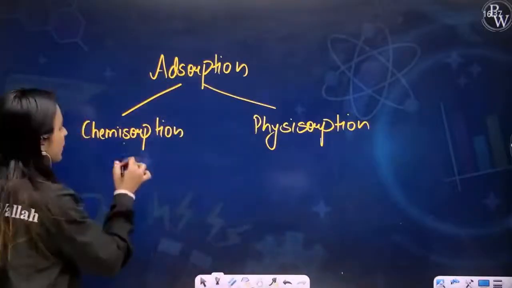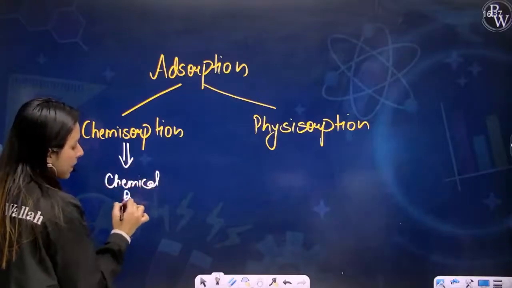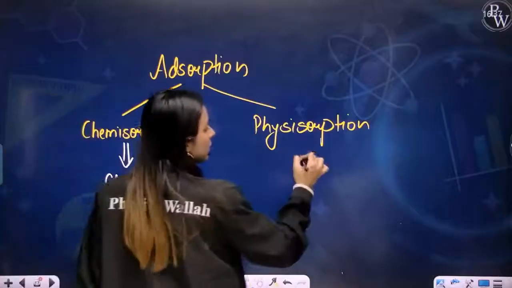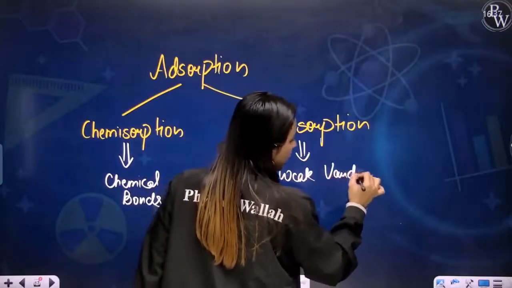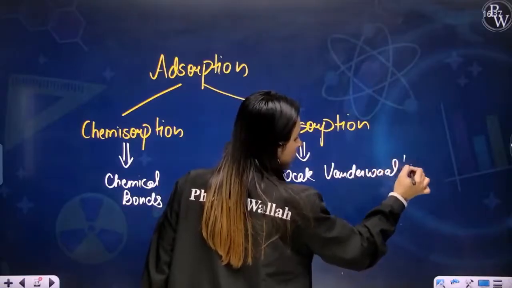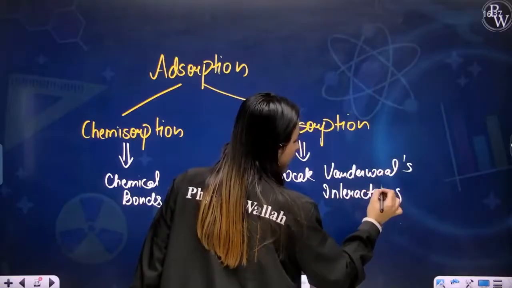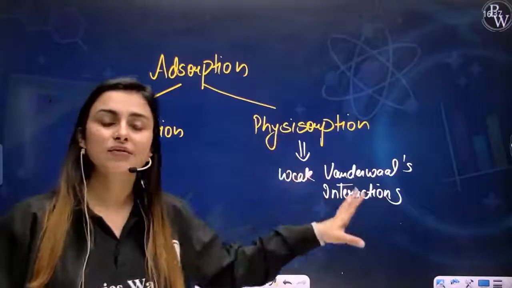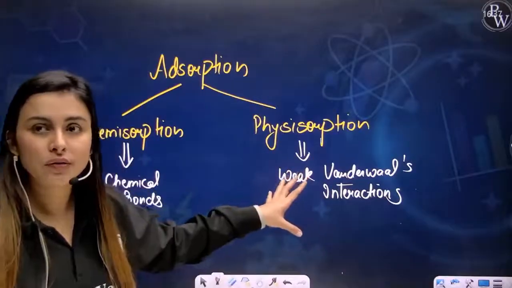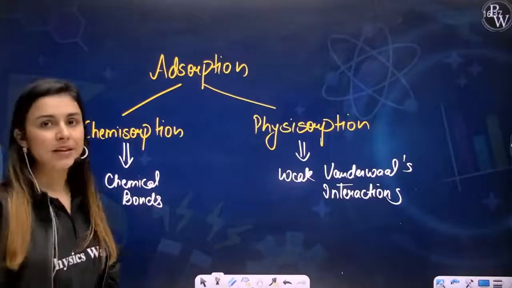So the major difference is that here chemical bonds are present, and here weak van der Waals interactions are present. This is the major difference between chemisorption and physisorption. I hope you're clear with this. Please write it down and then we'll go through the difference between these two in detail.